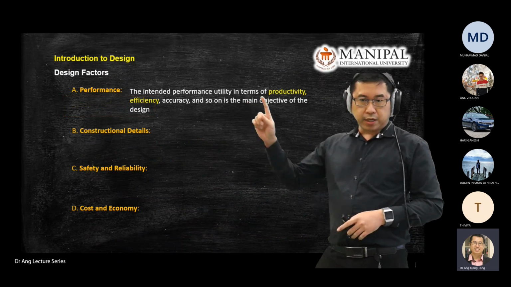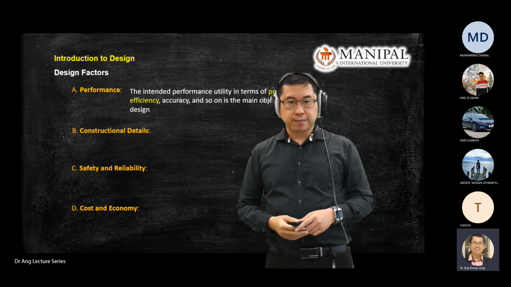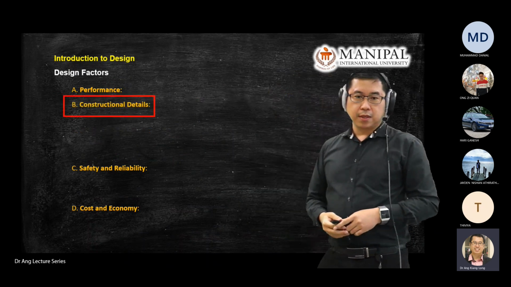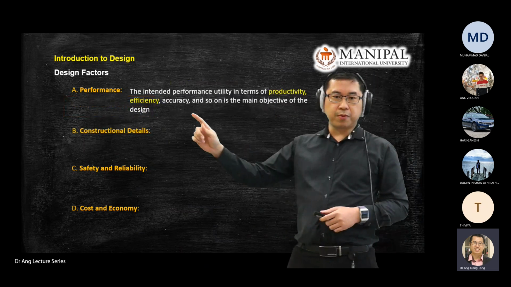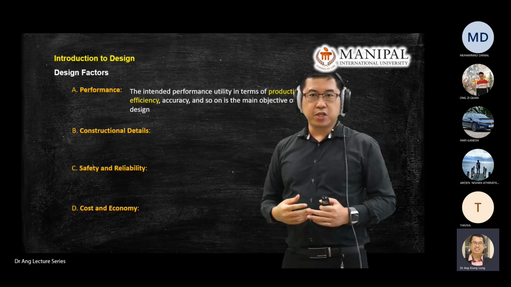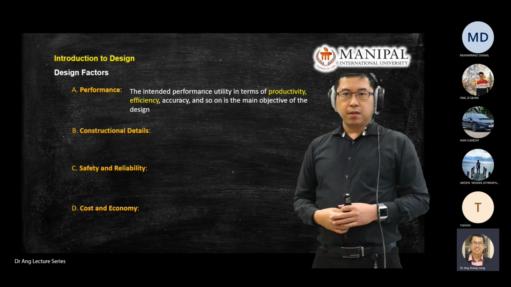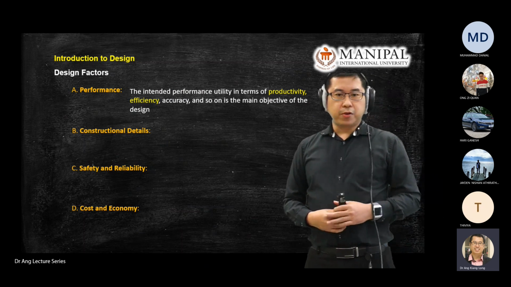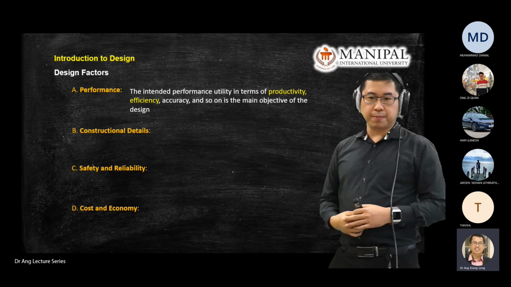So these are all the keywords. For example, under performance will be efficiency. Construction, okay. This one before I forget. So for performance, since you already know what you are going to fabricate later on, make sure in your report you mention something about efficiency of your prototypes.